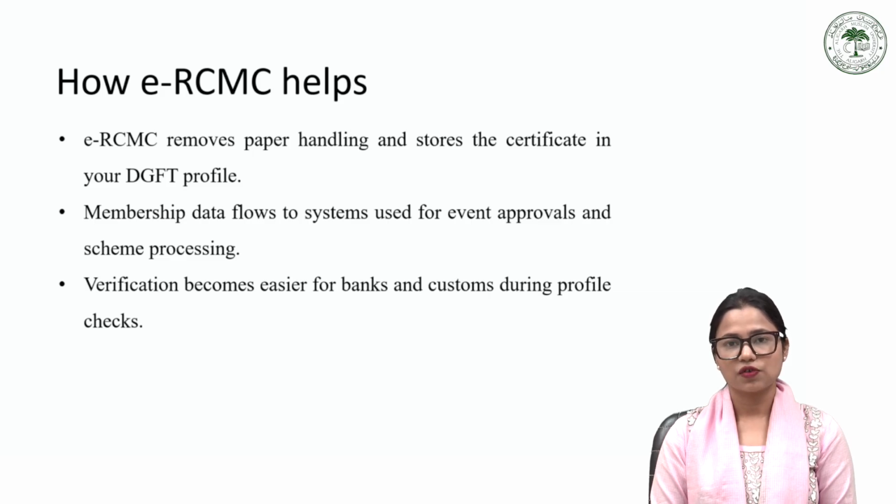Verification becomes easier for banks and customs during profile checks. Once your profile has an RCMC certificate, it is a kind of recognition for the exporter and it makes life easy for the exporter in the eyes of customs officials and even the banks. It is a kind of trust that you have built by being registered with the particular Export Promotion Council or Commodity Board.